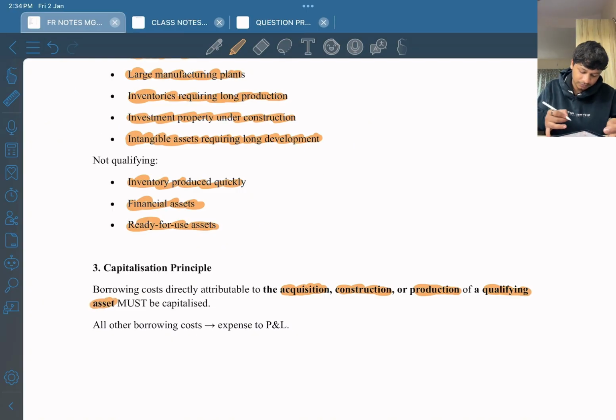All other borrowing cost will be expensed to P&L. If the borrowing cost is incurred for other than these three conditions, it will be expensed to P&L. This is the thing that we have to remember.